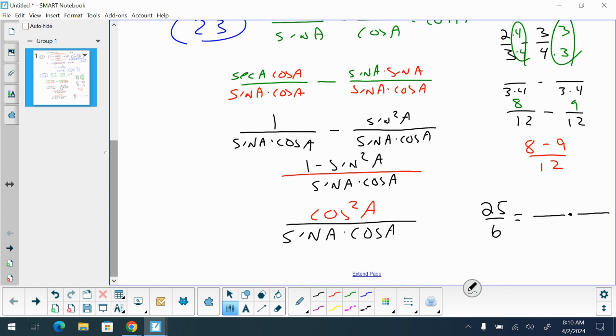None of the numerators and denominators can equal 1. Neither fraction can have a 1 anywhere.